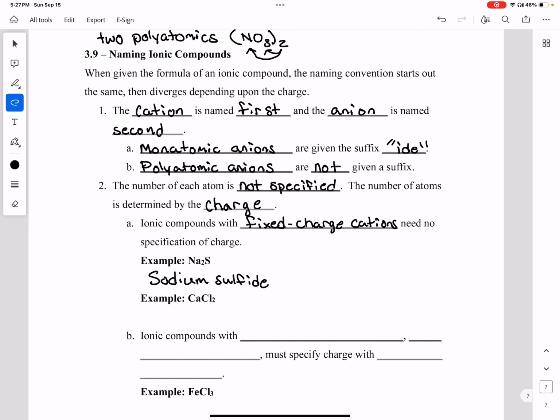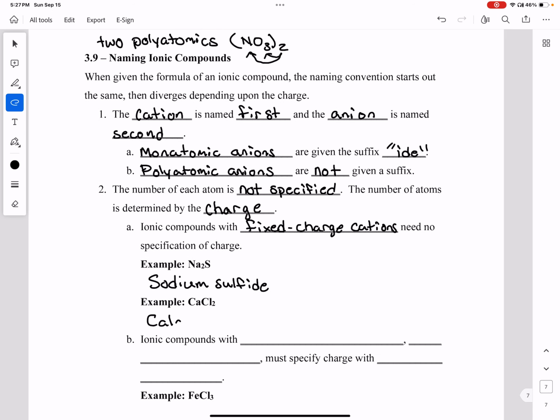I'm just expecting you to know that there are two sodium ions because you know how to balance the charges, which means you'll have to have a periodic table in front of you. Charges are known here. Same with calcium chloride. I know that calcium is 2 plus and chloride is 1 minus, so there has to be two chlorides in there. I don't need to state that in the name.